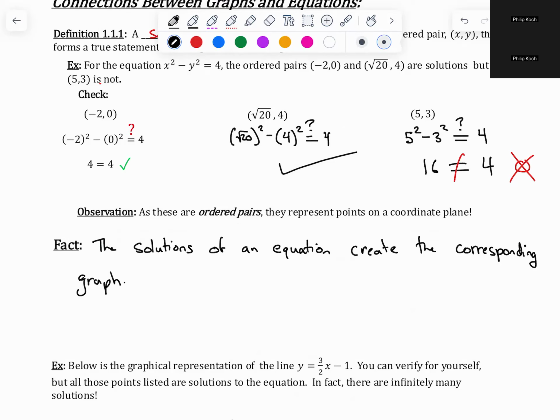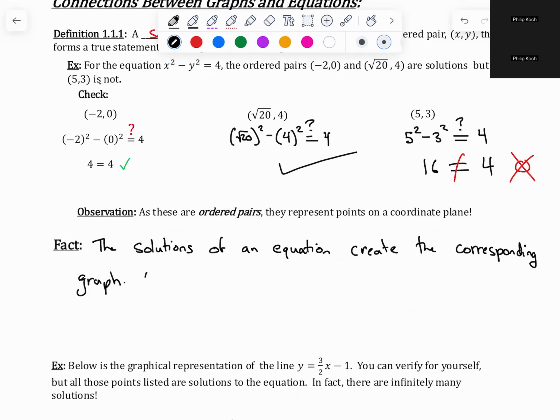Being given a graph and trying to figure out what the equation of the graph is, that is a far harder endeavor unless we're given some specific parameters. If we know the curve given is a circle, that narrows it down and makes it possible to find. If we know that it's a quadratic, we have processes that can make it easier to find those equations. But by and large, if I give you the graph of some unknown equation, finding the equation that works is very difficult. But the point being, the solutions of an equation create the corresponding graph.